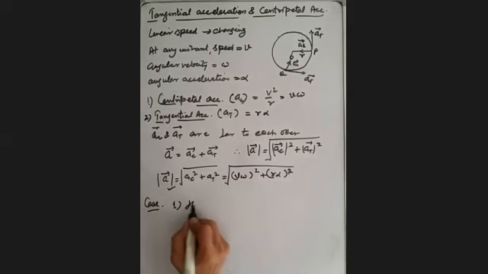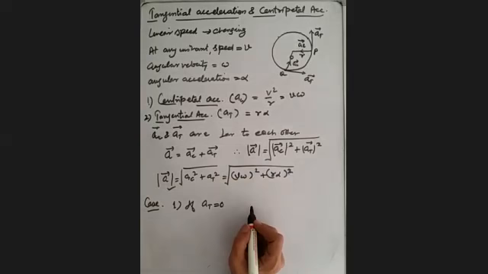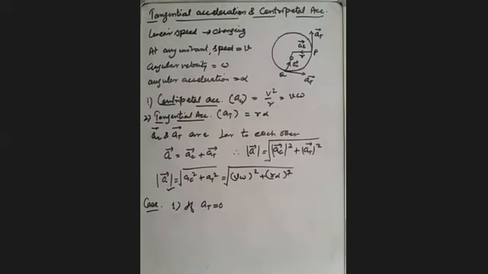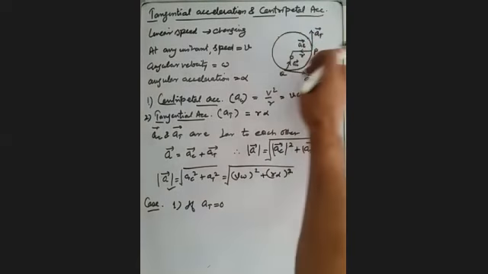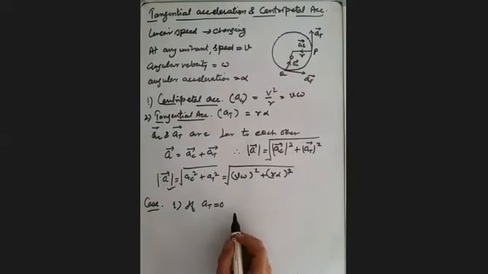If the acceleration along the tangent, that is the tangential acceleration of the particle, is zero, that means the particle is moving on a circular path with uniform speed. When the speed is uniform, the tangential acceleration will be zero. So AT will be zero when it is moving with a uniform speed.